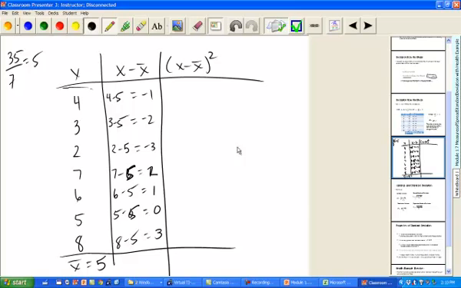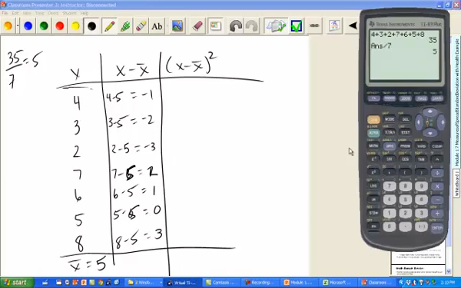Now, if we were to add them together, I'd go negative 1 plus negative 2 plus negative 3 plus 2 plus 1 plus 3.